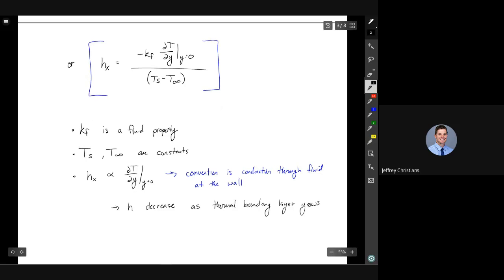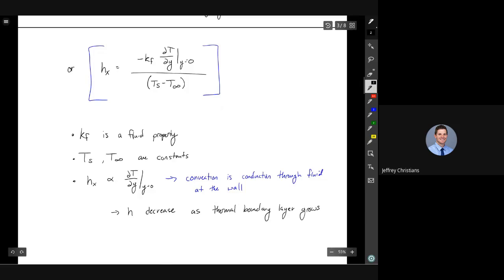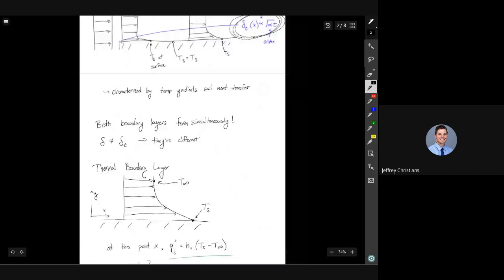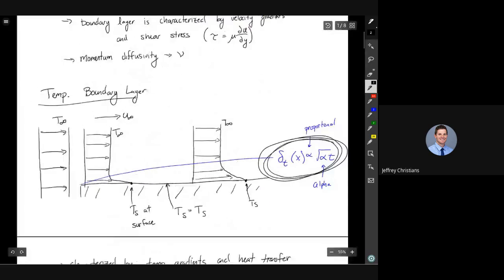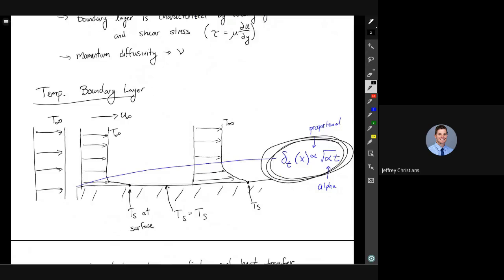And what I mean by that, if we zoom out a little bit to our picture, this is the picture that we drew last time. When our thermal boundary layer is thin, we have a pretty steep slope right there. As our thermal boundary layer grows thicker, as we move from left to right, that slope gets progressively less, and that slope is what's governing convection.